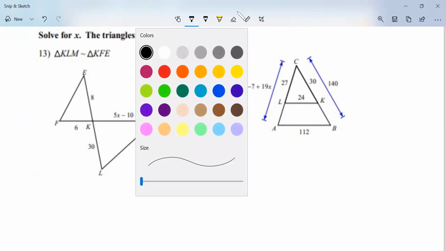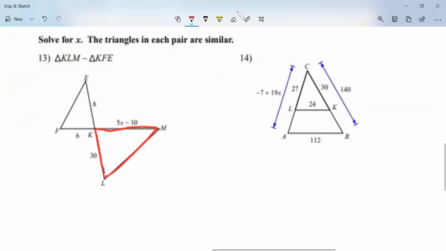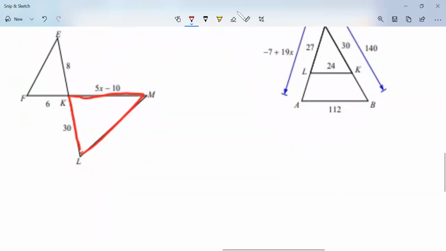Okay, so let me take a look at this triangle in red. I'm solving for X. The triangles are similar. So because they're similar, that's why I know I can do proportions. So I'm just going to write 30 and 5x minus 10. Those are the two sides.